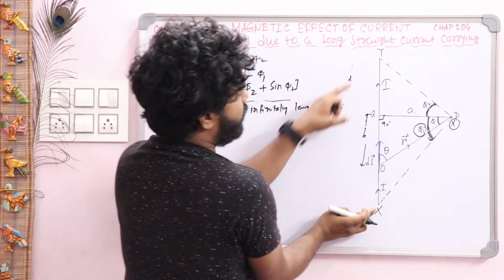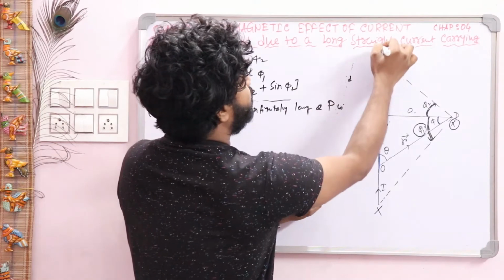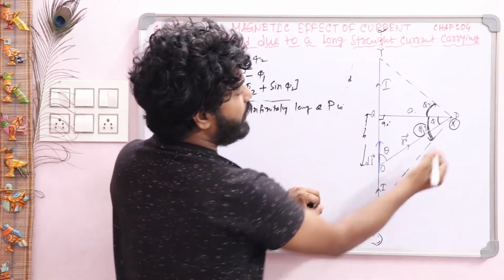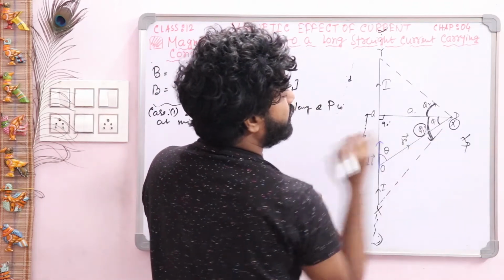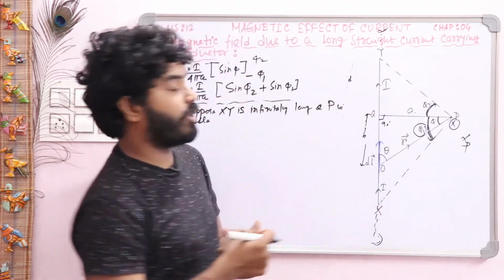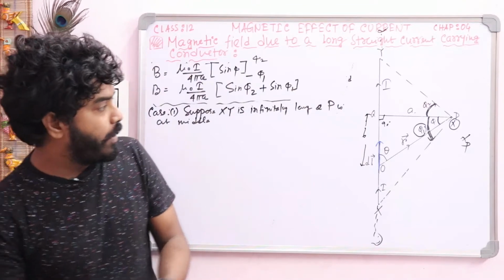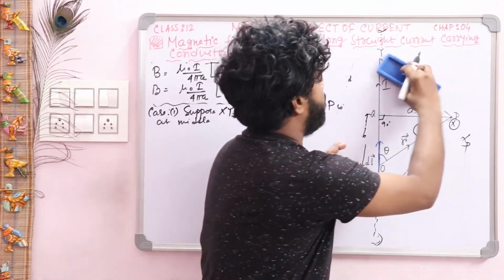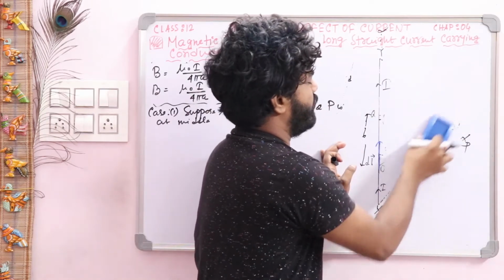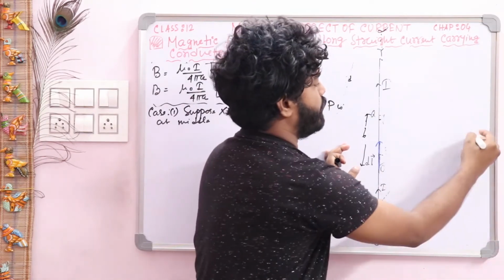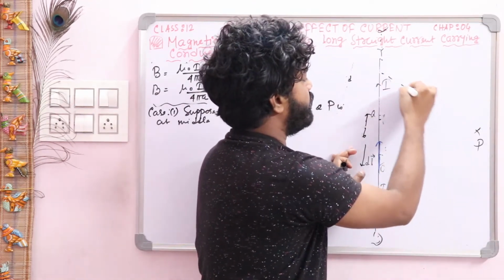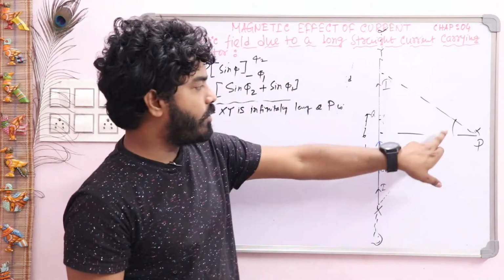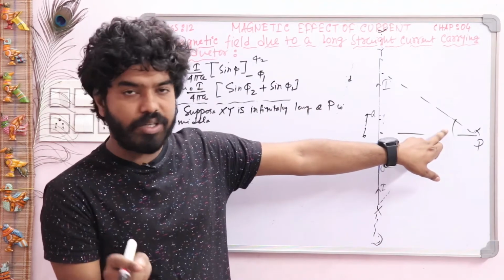Okay, this xy is infinitely long, like this way, and P is placed at the middle point here. Now what will be the expression of magnetic field? You see, when the wire length is, okay, remove this part, suppose this is point P, when the wire length is this one, this is the angle, that is the value of phi 2.